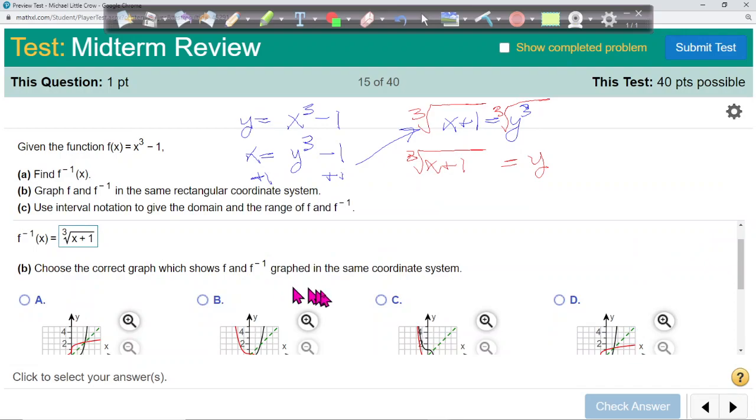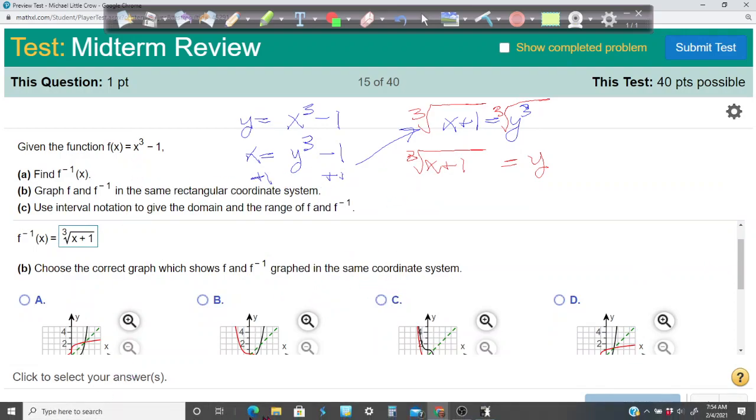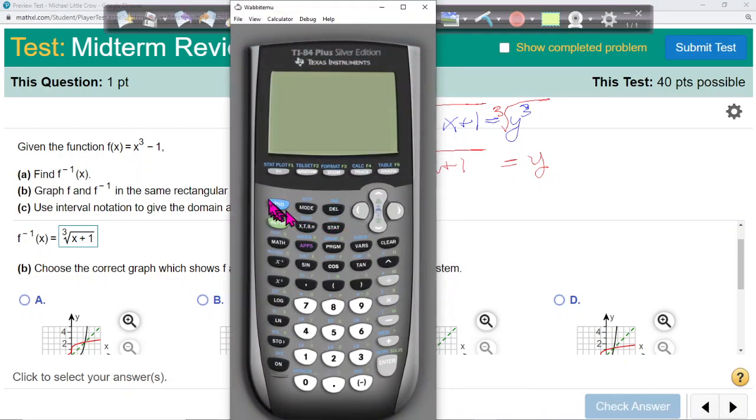Now the graph, well, let's just go ahead and graph them both, right? So let's do what they say. So the first, let's clear this. We could have x cubed minus 1. Oops, careful.